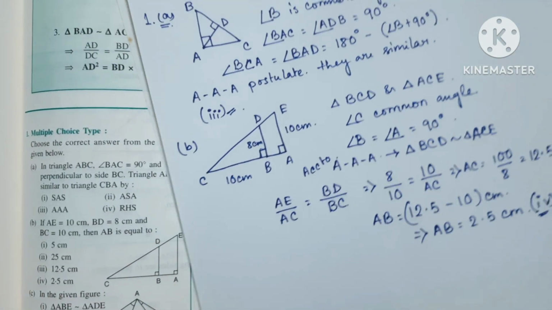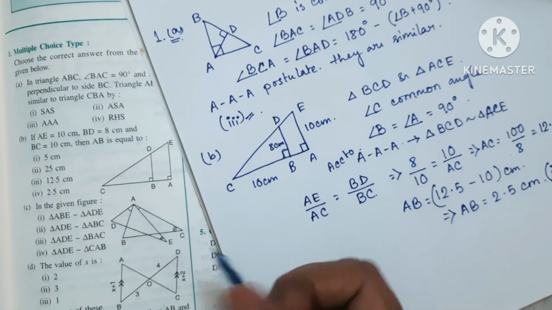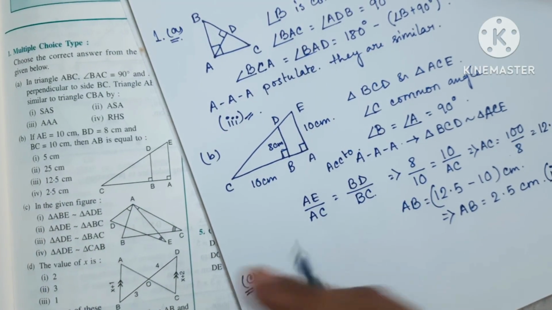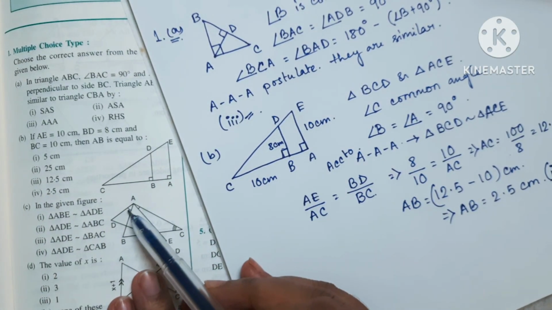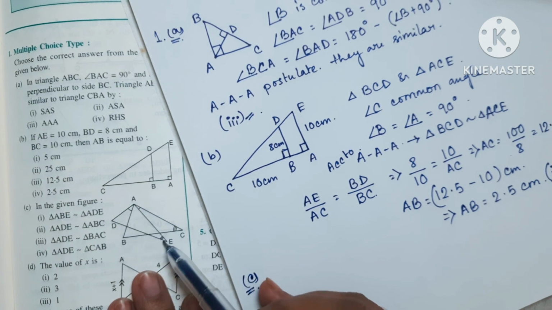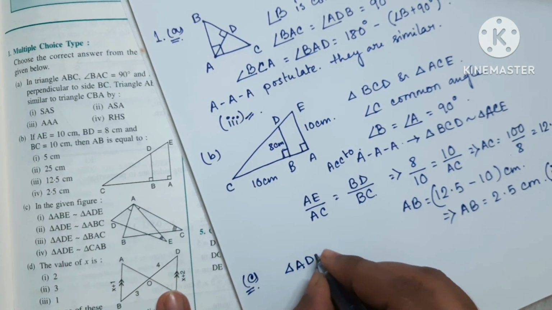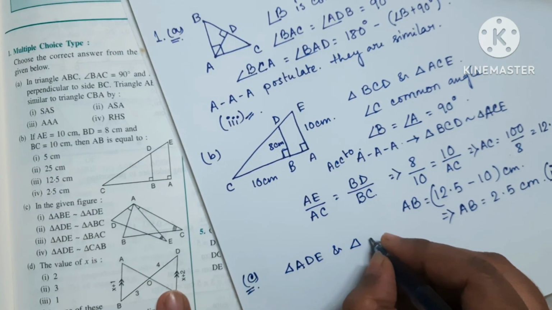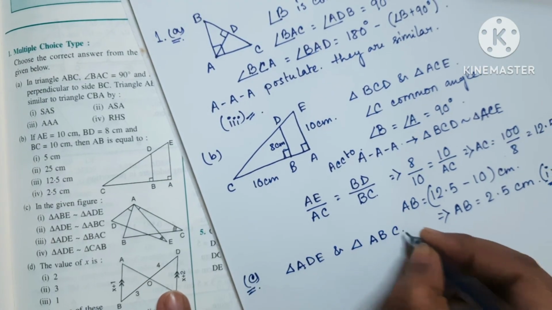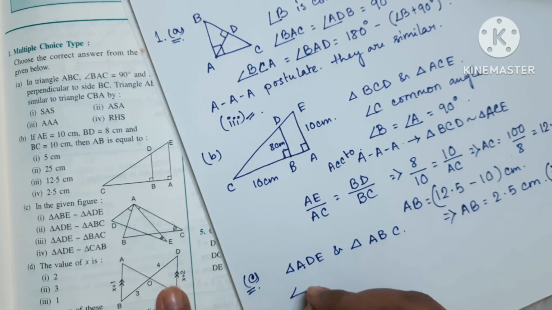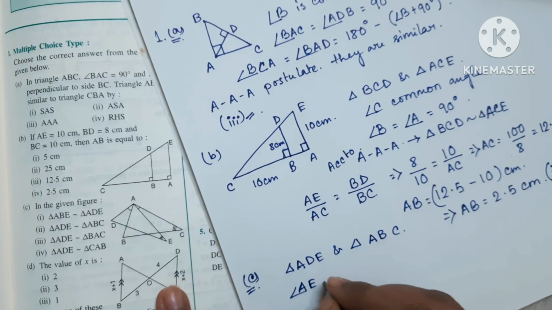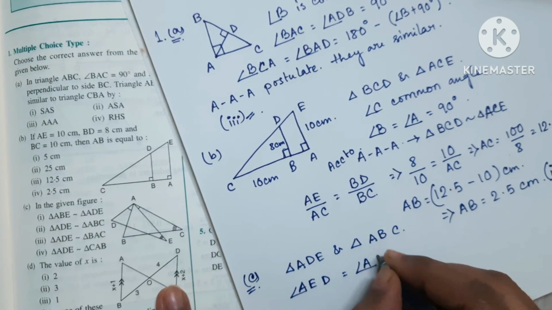Next, see the picture. In case of question number C, see the picture. This angle is equal to that angle and this angle is equal to that angle. So in case of triangle ADE and in case of triangle ABC, see, angle AED is equal to angle ACB.